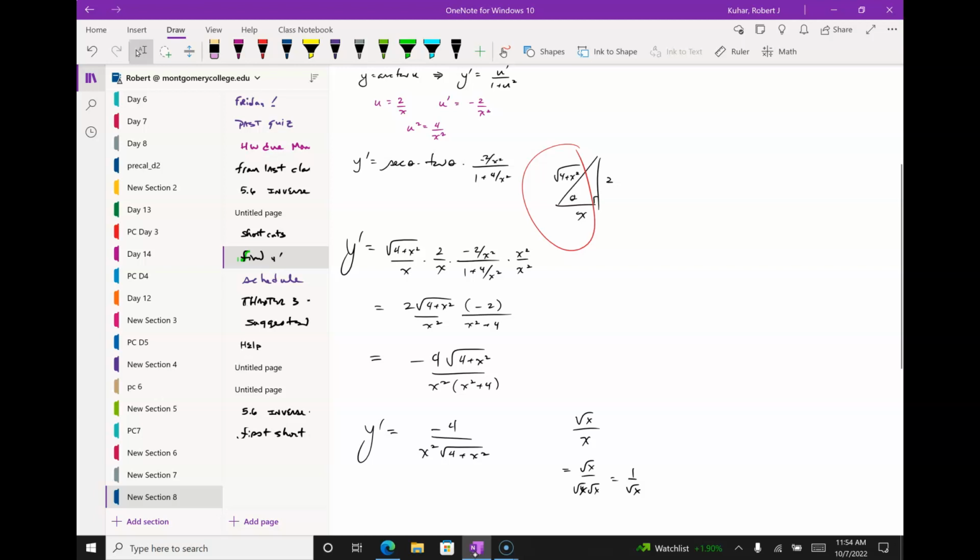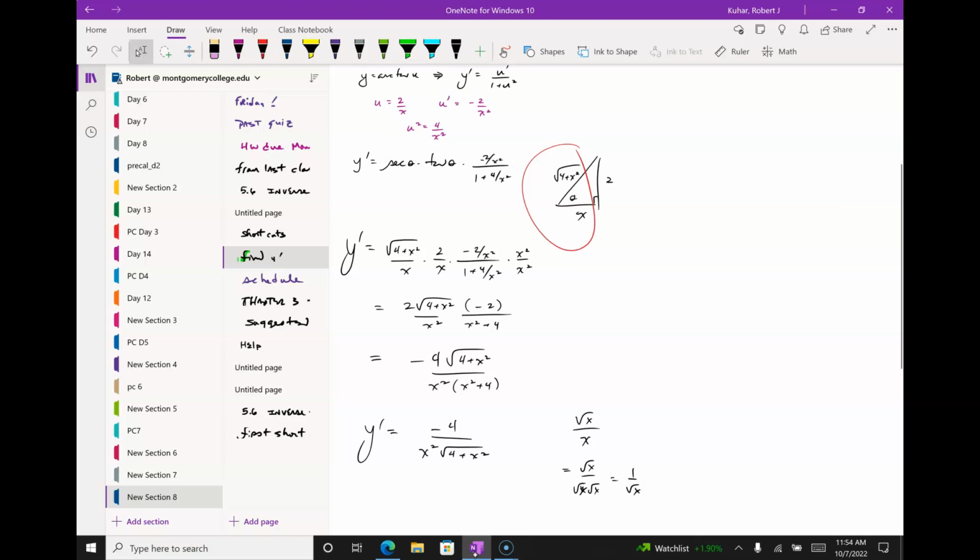How we doing? You got a lot to do. I know. Once we get the chain rule, things start to kind of go real fast. So you have to be practicing, right? I couldn't do the inverse trigs until I had implicit differentiation, and I couldn't do implicit differentiation until I had the chain rule.